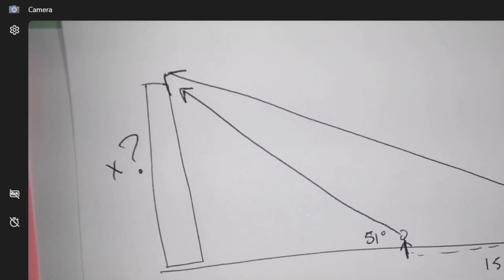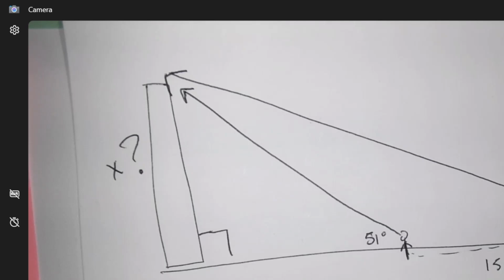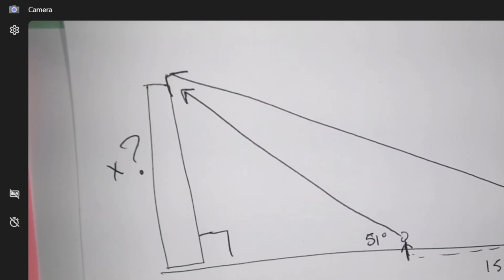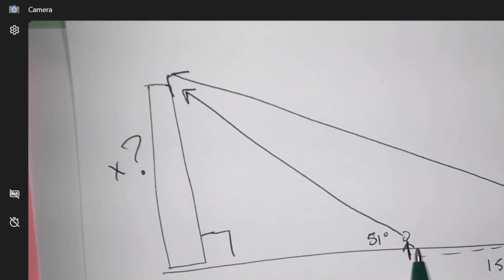So we're going to be finding the height of the building, and we're going to put a 90-degree corner on the building as well. Okay, so the big idea on this one is to start with angles, all the angles that you could figure out. So you should be able to first find the one right beside 51.